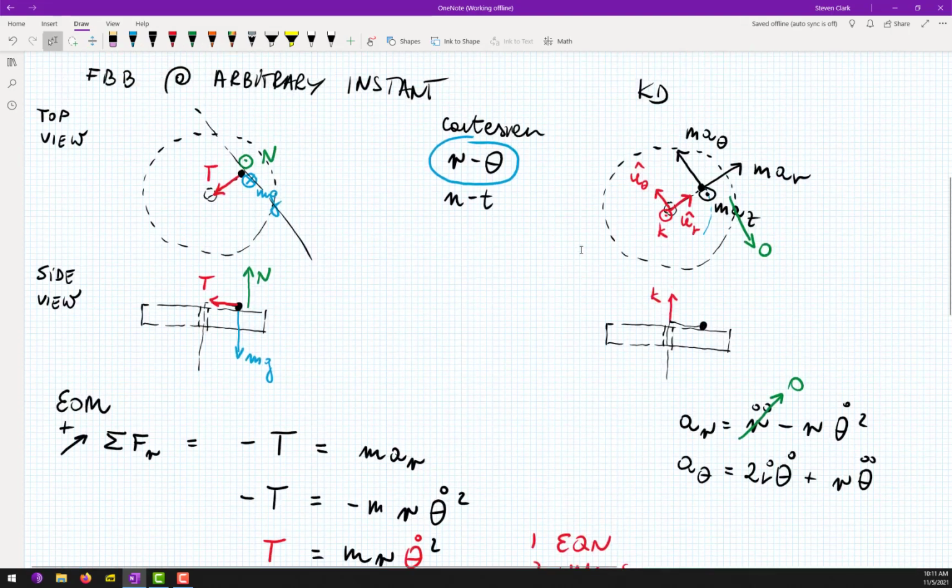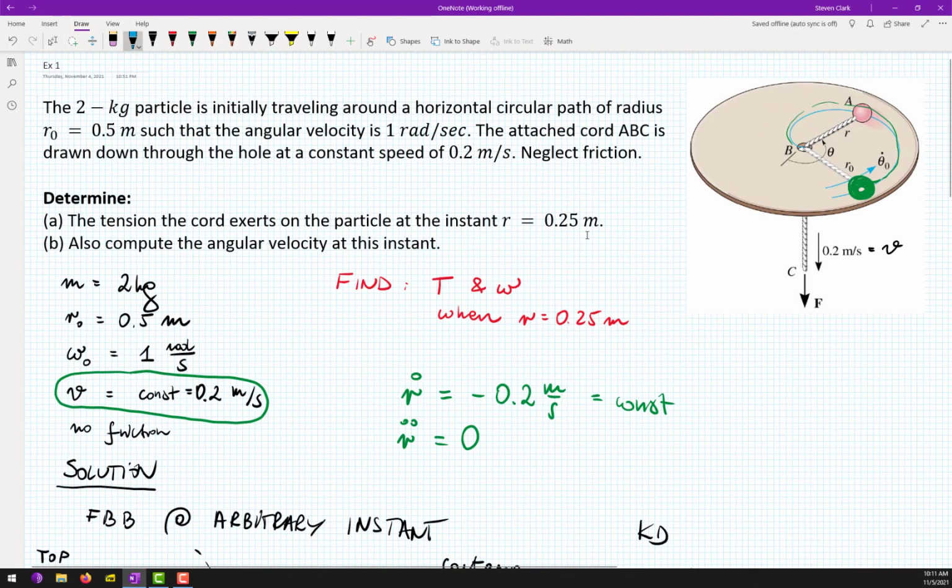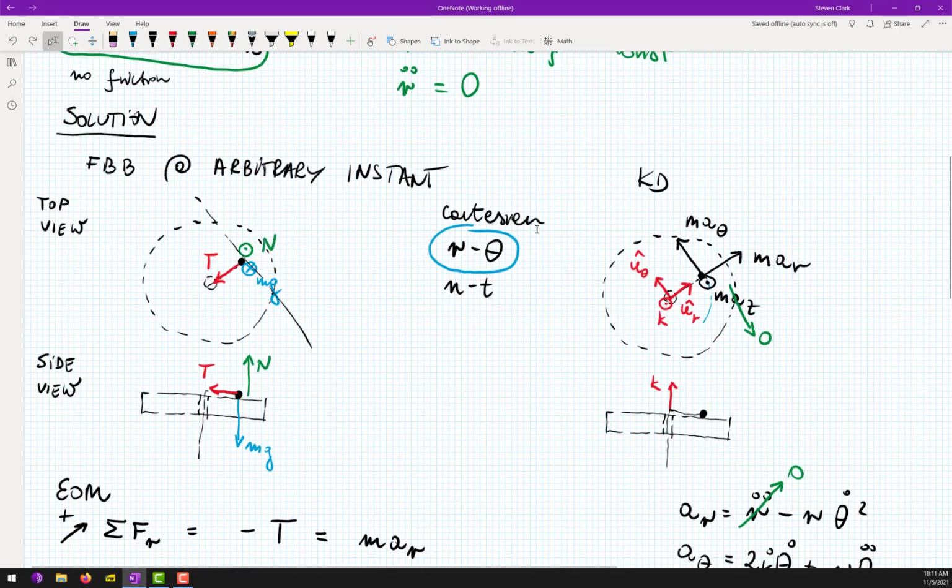Okay, this is point B. Did they show us? Oh yes, they even show it on the picture here. This is point B. So let's put our point B here. Okay, B is there.